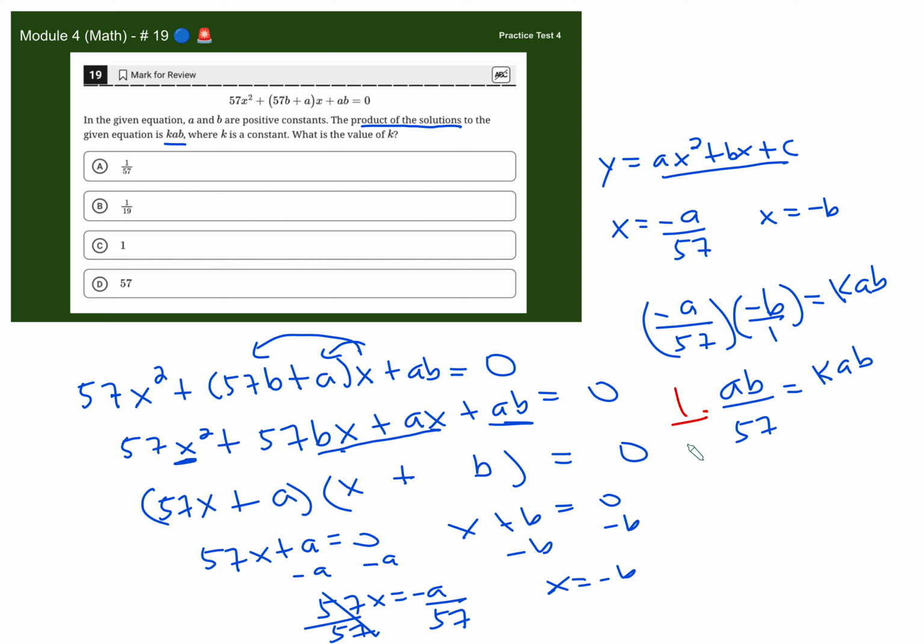Times 1 over AB, and what you do to one side, you do to the other, 1 over AB, and that would be over 1, and these guys wipe out. There's an invisible 1 right there, and these guys wipe out. Okay, in either case, you're going to get 1 over 57 equals K. So K is 1 over 57, and the answer is A.